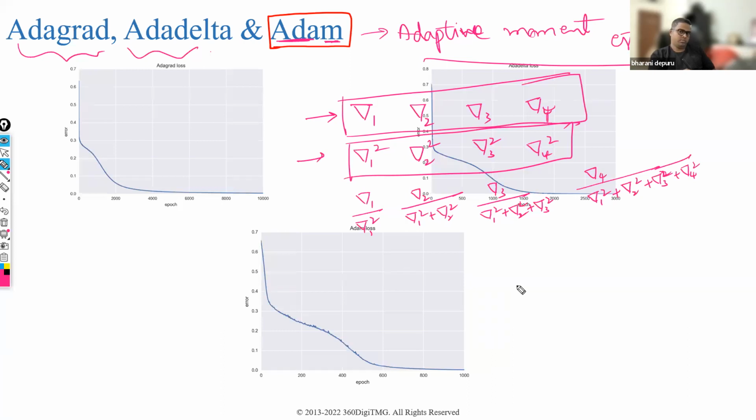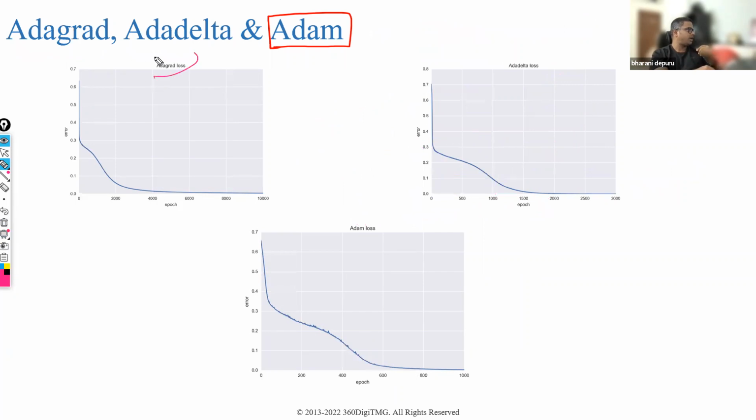Okay, now here, if you look at it, there is slight noise, right? But that's okay. Ultimately, if you look at AdaGrad, after 8,000 epochs you are reaching the minima. Here, after 2,000 epochs, here, after 1,000 epochs, so fast. The only disadvantage with Adam is that it has two parameters, beta 1 and beta 2.